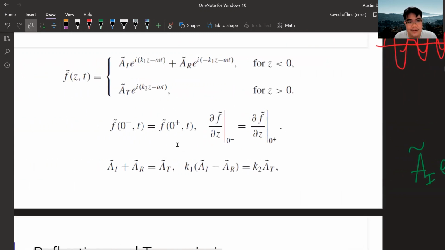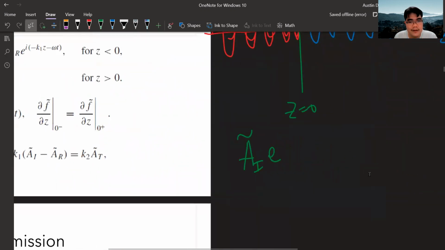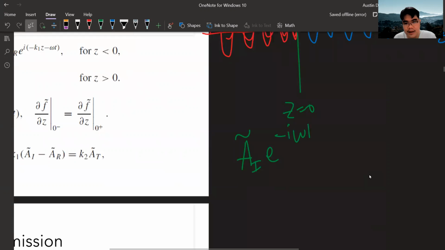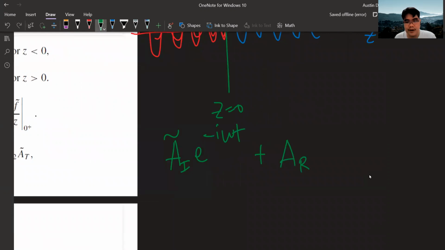Okay, kasi nasa z is equal to 0 tayo. So, matitira ay mga negative i omega t. So, we have negative i omega t. And then, plus your AR, reflected term, e raised to negative i omega t.